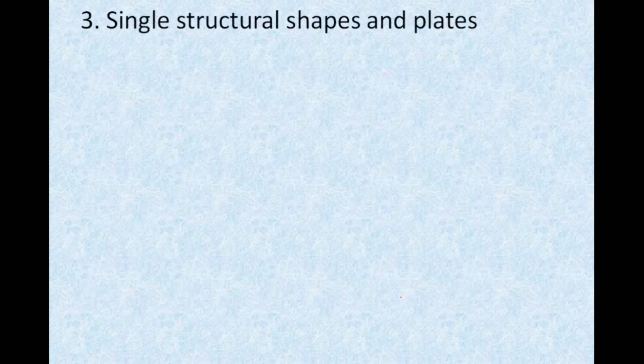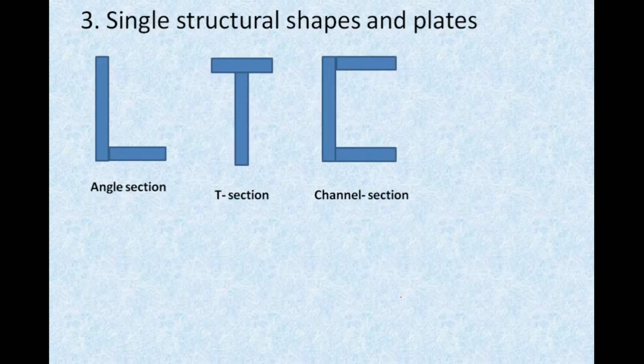The third type is the single structural shapes and plates. Single structural shapes means the different steel sections which we already know are there in our steel structure, for example the angle section, the T sections, the channel sections, the I sections.